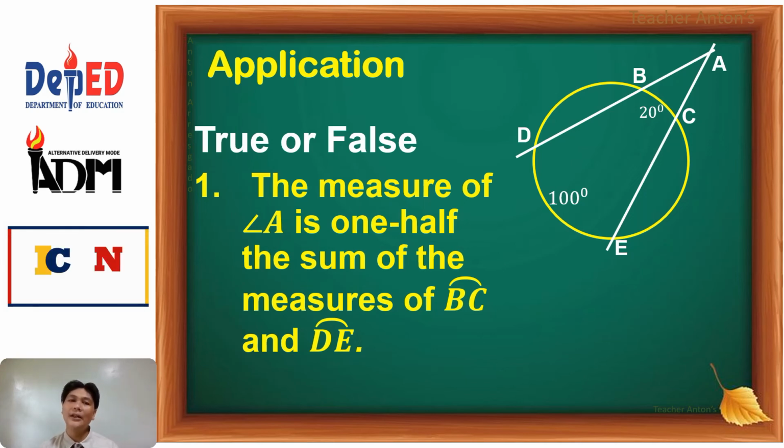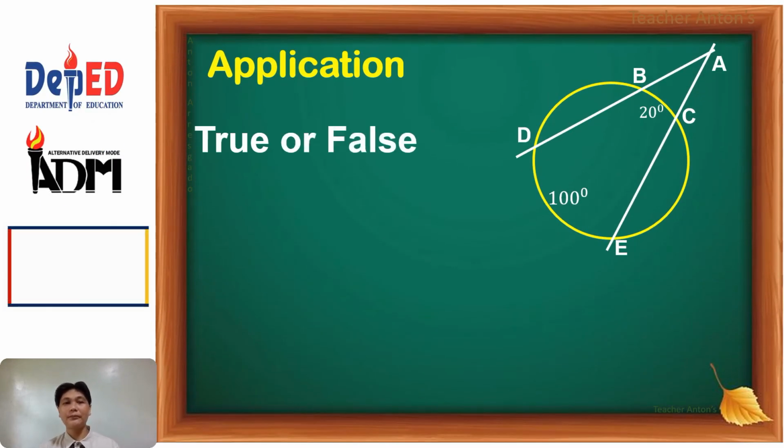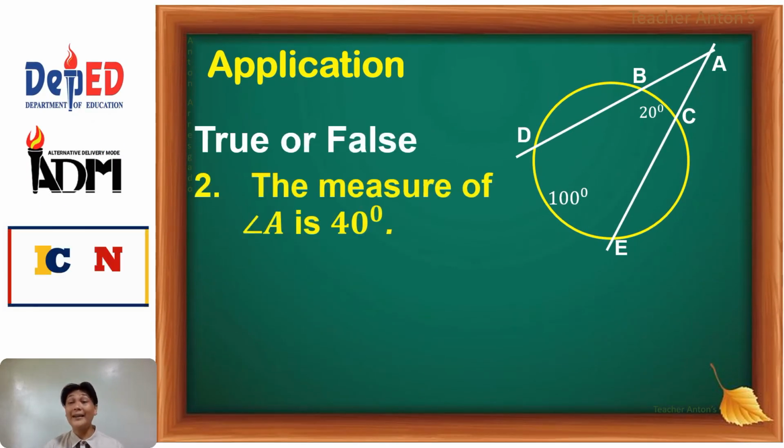So remembering a theorem, the angle is on the exterior of the circle. So I think the word sum there is what makes the statement false. Okay? It's supposed to be the positive difference. Now, number 2. The measure of angle A is 40 degrees.